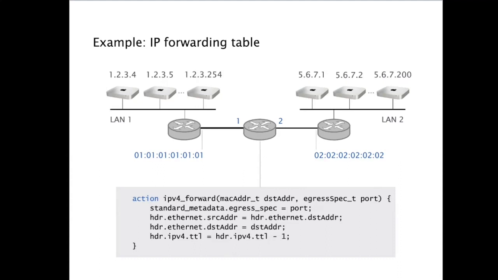The IPv4 forward action is just the same as before. It tells the switch, given a key, so given a destination address, what is the port, so where you want to send that packet next, and how to modify the destination MAC address accordingly. Note that you could also modify the source MAC address.